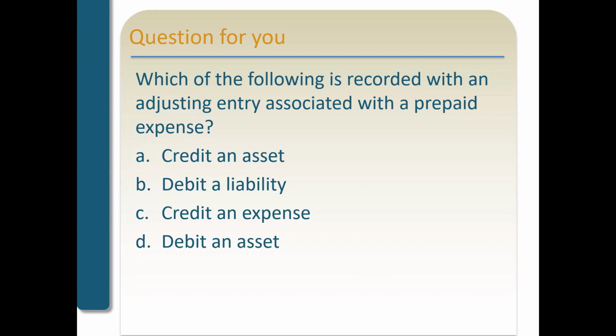When you have prepaid rent or prepaid advertising, and we use it up, to show it's now an expense and we're reducing that asset, what do we do? You credit the asset because you don't have as much anymore. You're reducing it. So you would absolutely credit the asset.